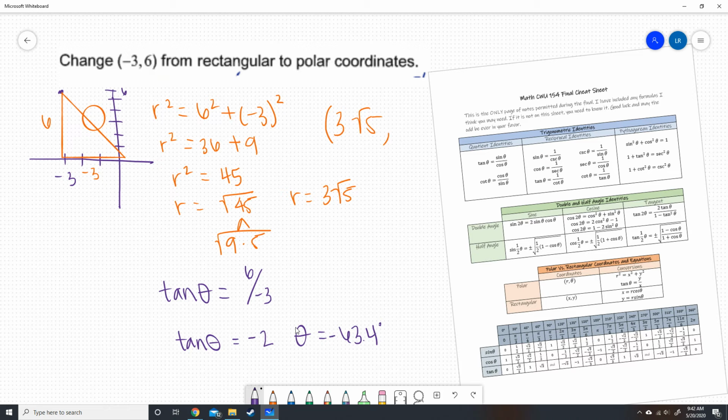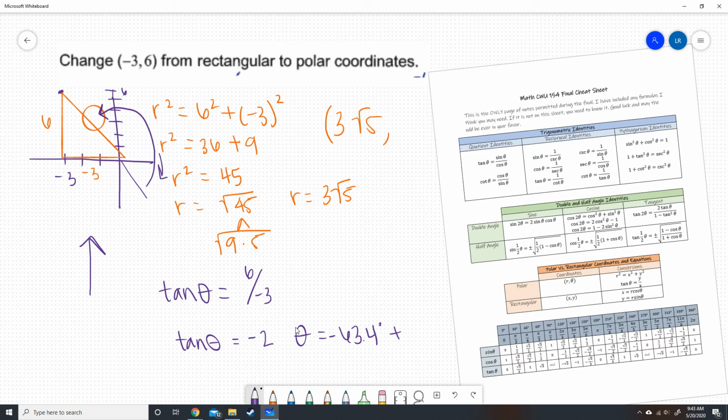But does that theta make sense for this diagram? I hope you said no, because -63.4 degrees would mean that you're going to go this way, and it's going to be somewhere over here. Now, what you'll notice is that these lines are 180 degrees away. So if I add 180 degrees to this, I should fall there.